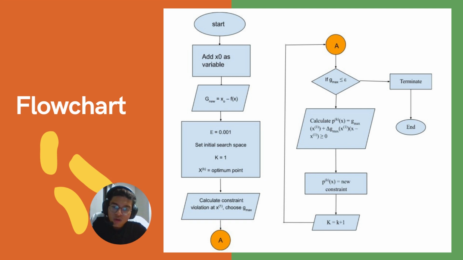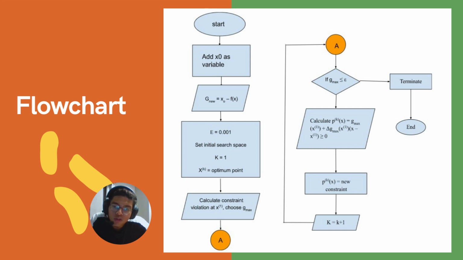And then we start with our first step, where we initiate the value for the search space, and also the termination value. After that, we start to calculate the constraint violation at the x, which is equal to 1.